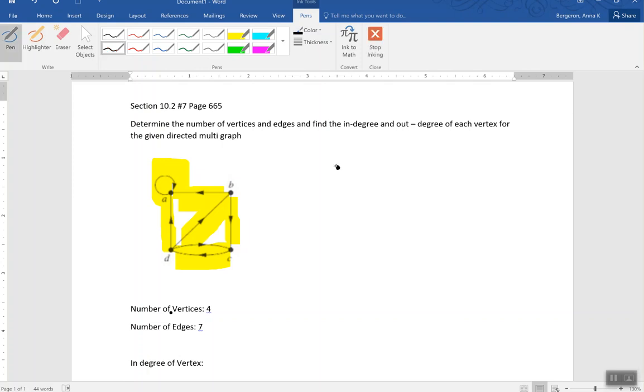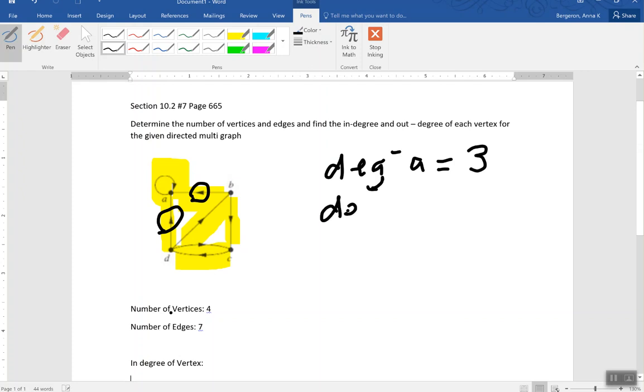If we look at A first, my degree in for A is the notation that I'm using. I initially had said 2 because of these arrows here. Those are ending at A. What I had forgotten is that since the loop is an edge, it would also be considered part of my in degree. So there are 3 for in degree A.